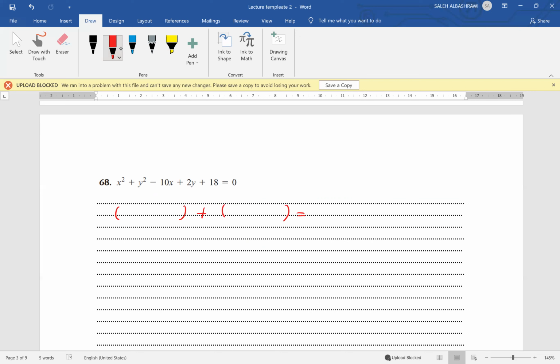I will put the same variables in one bracket: x squared minus 10x, and y squared plus 2y in another bracket. Move this 18, the constant, to the right-hand side, it is minus 18.